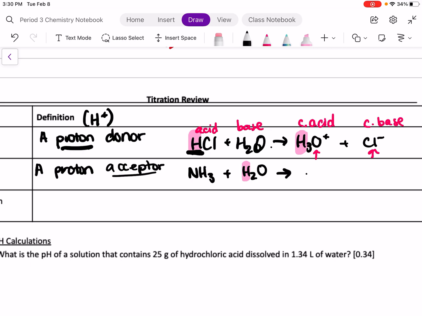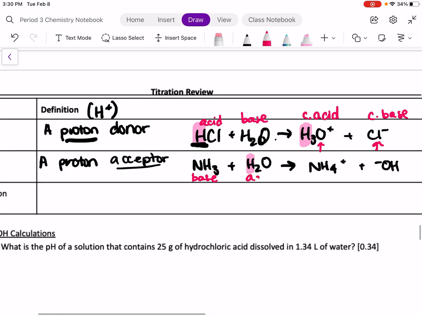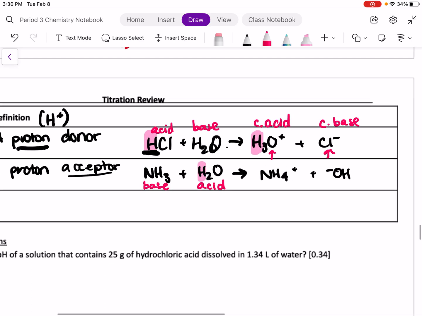It will produce ammonium, which is NH4 plus, and we're left with hydroxide. So because ammonia accepted the hydrogen, it is the base. Since water donated the proton, it is the acid. Here, I have a conjugate acid and a conjugate base.